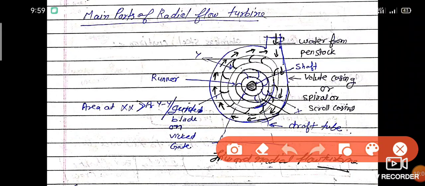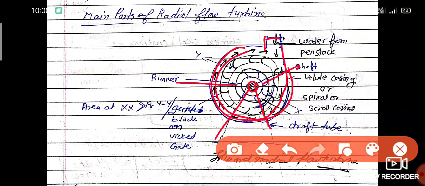Here a schematic diagram of radial flow turbine is given. This is the outer casing, known as volute casing or spiral casing. Here the draft tube is given. Here is the shaft.